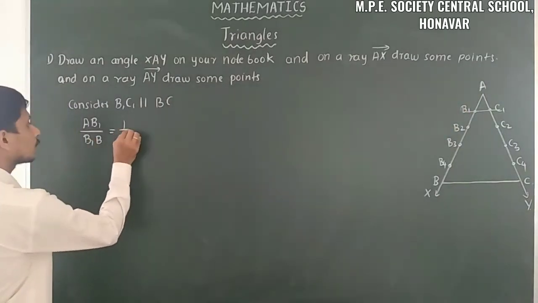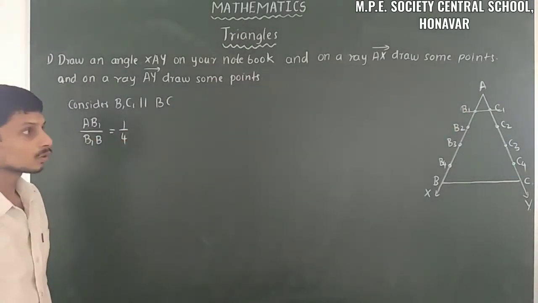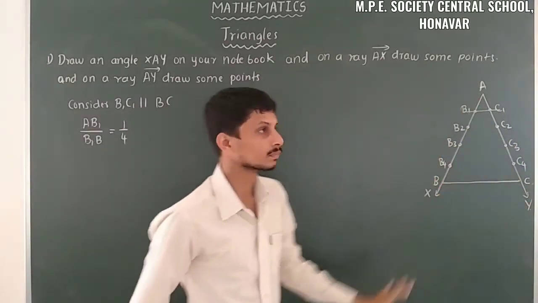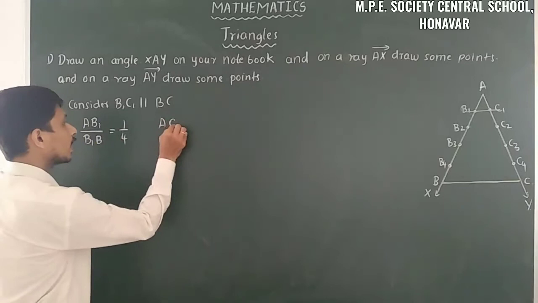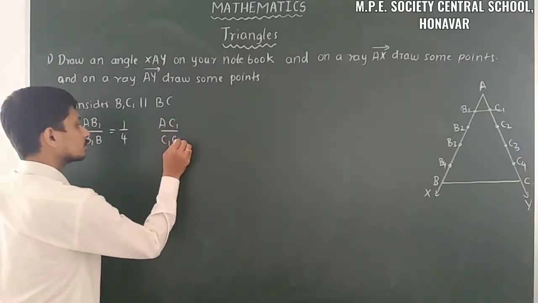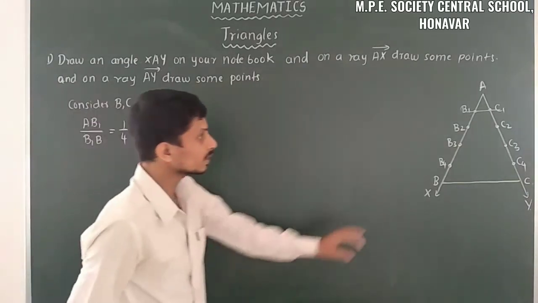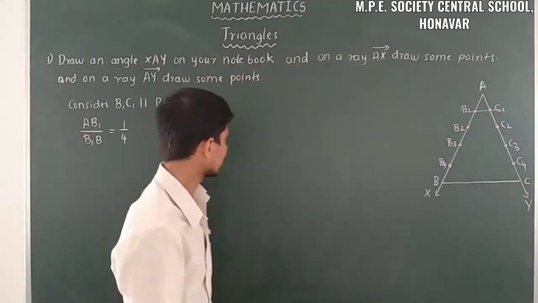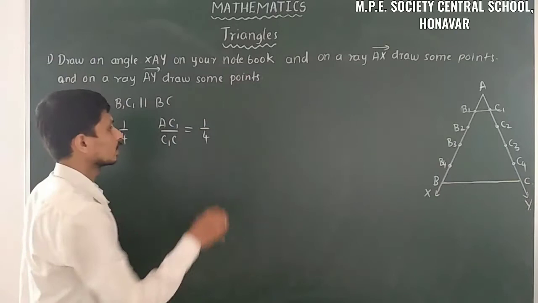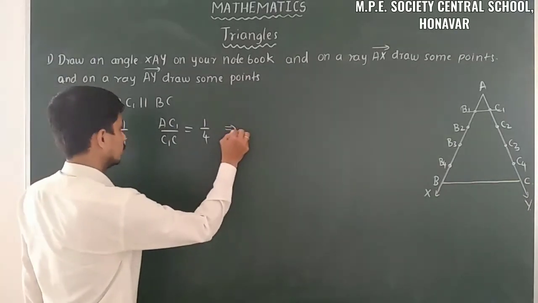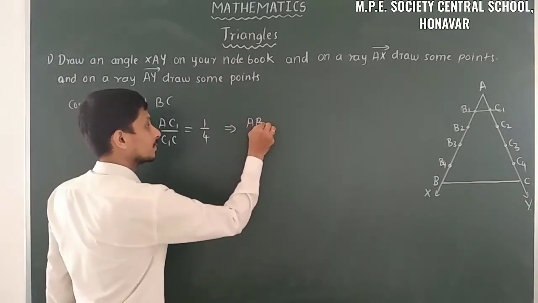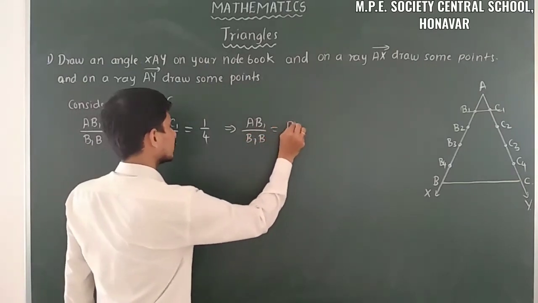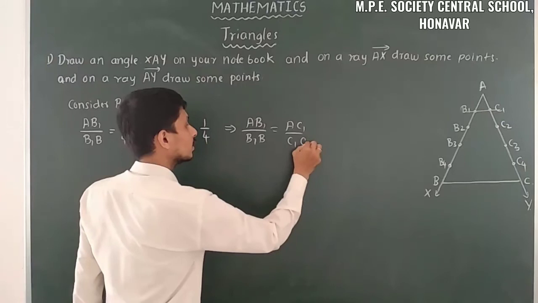Also consider AC1 by C1C is equal to, here it is one distance, and here there are 4 unit distances. That is, we have to consider 1 by 4 only. This implies AB1 by B1B is equal to AC1 by C1C.